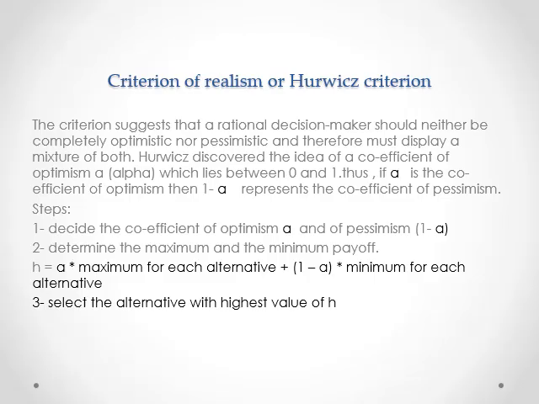Thus, if alpha is the coefficient of optimism, then 1 minus alpha represents the coefficient of pessimism.